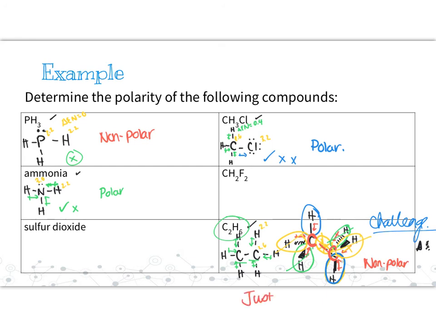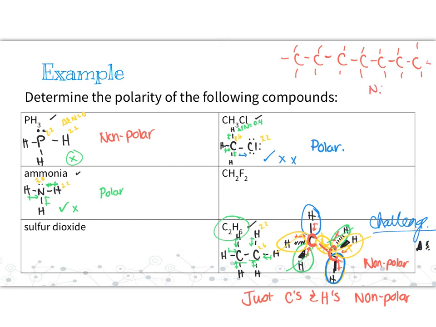It's tricky to see, but anything with just C's and H's, there's nothing else, is non-polar. So I could connect 16 carbons. I'm not going to draw that, and H is all the way around this in a Lewis dot diagram. If all the little dashes were connected to an H, this would be non-polar.